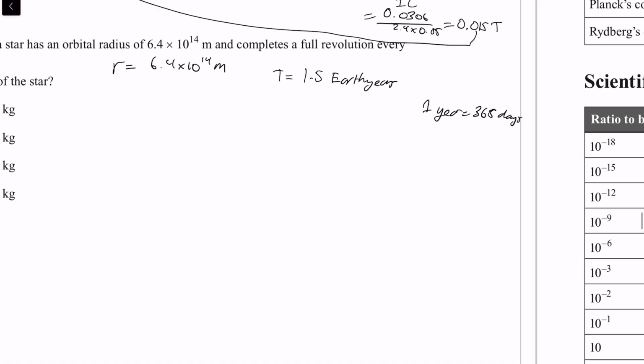That's what I'm assuming when I'm doing these physics questions. And a day has 24 hours times 60 minutes times 60 seconds, which in my head is 86,400 seconds in a day. Just checking that.